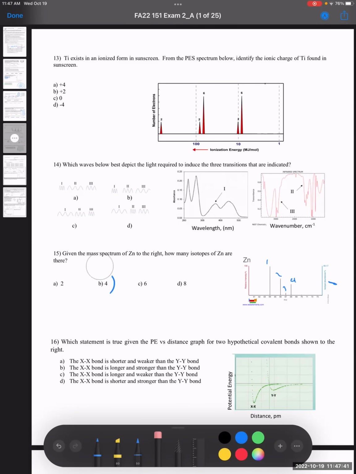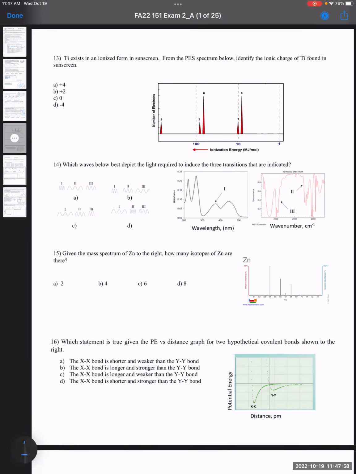Okay. Moving on to question 16. Which statement is true given the potential energy versus distance graph for the 2 hypothetical covalent bonds? If you just look at these bonds over here, we have XX with the lowest potential energy minimum.